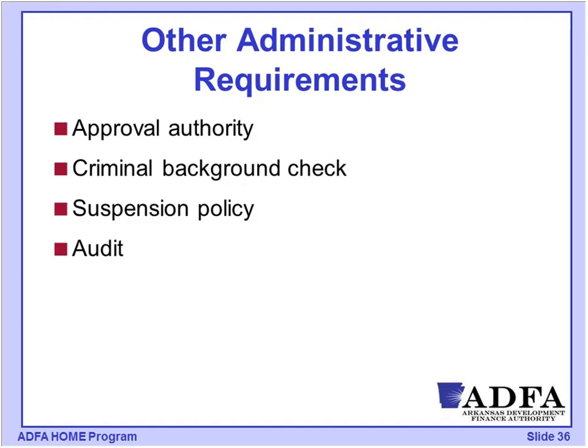We mentioned that with a conflict of interest, if you were requesting a waiver to be able to proceed, there's a protocol on when you have to go to ADFA and seek information on that. There is a criminal background check that's further detailed within this chapter.